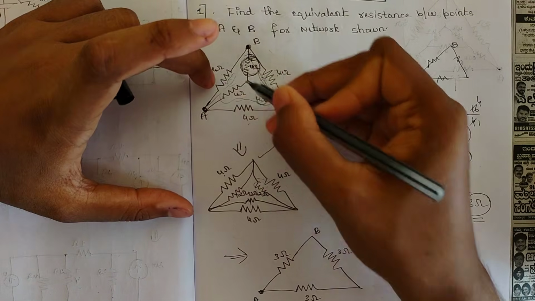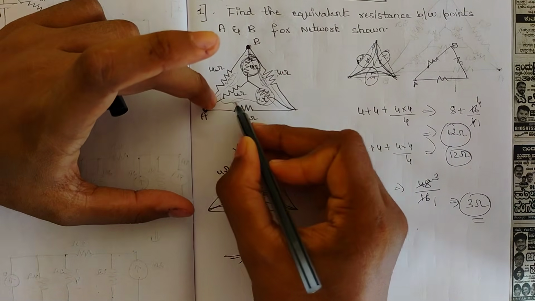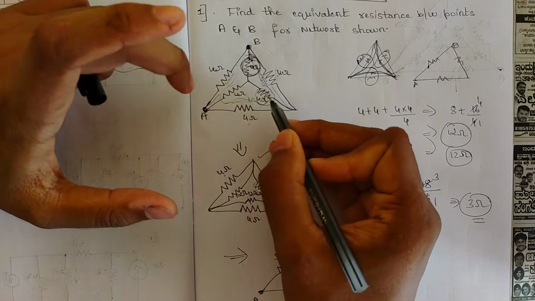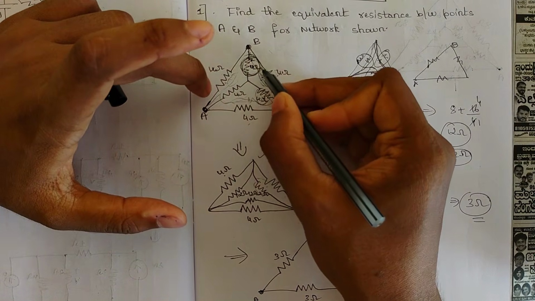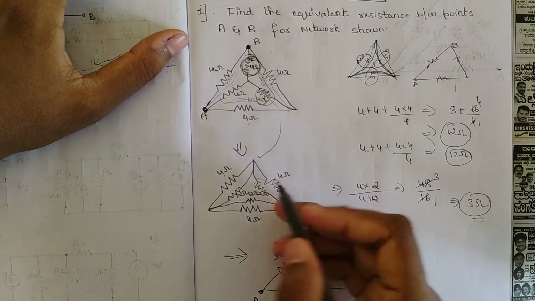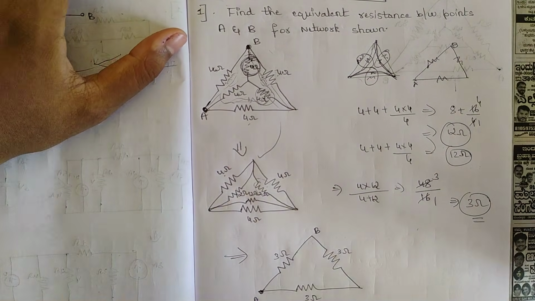Similarly for this resistance, we consider the opposite resistances, 4 plus 4 into 4 divided by 4, and for this one too. That is again 12. The value is the same, so I have written 12, 12, 12 on all the sides.